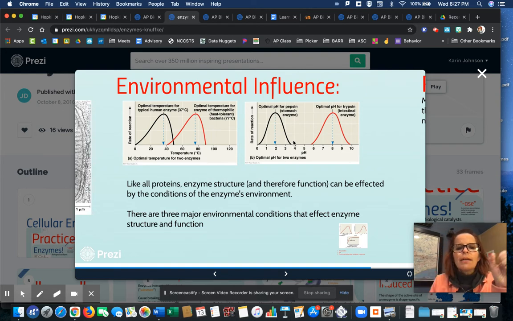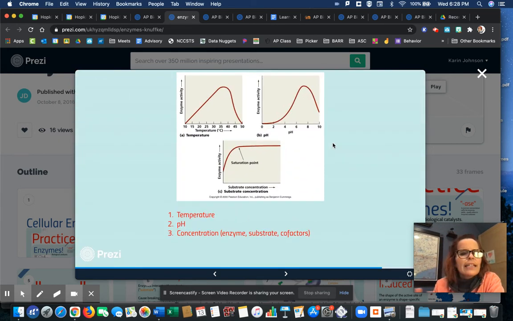So the enzymes that are in the stomach, they're designed to be near lots of hydrogens, to have a high hydrogen ion concentration, aka a low pH, and that's the correct conformation. But if you start popping lots of antacids and changing the pH, then you can actually affect the digestive enzymes of the stomach. And same thing for trypsin, an enzyme that's in the intestines, and it likes a slightly more basic environment.